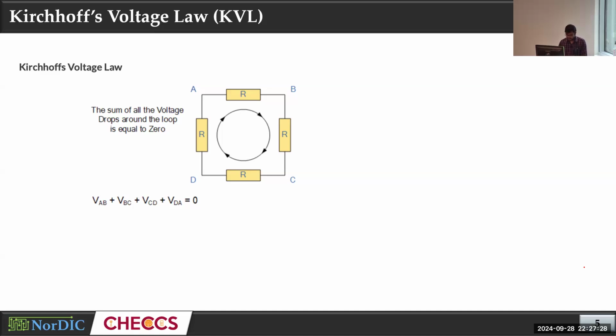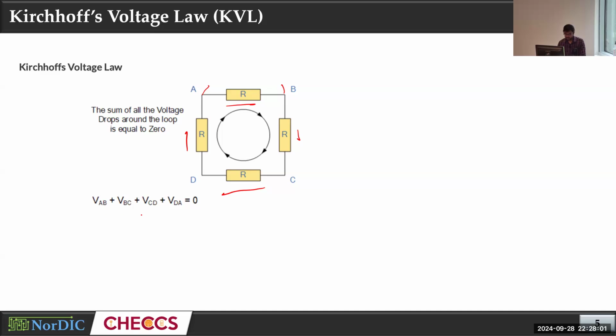If we look at this loop, we have only one loop in this circuit, A, B, C, D. If we start from A, we first find this element, whose voltage will be VAB, the voltage difference between nodes A and B. Then this element has voltage VBC, then this element has a voltage drop of VCD, and this element has a voltage drop of VDA.